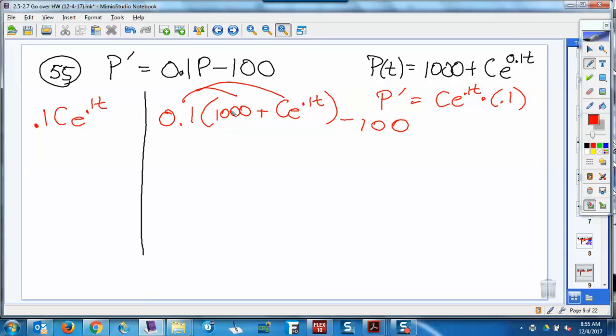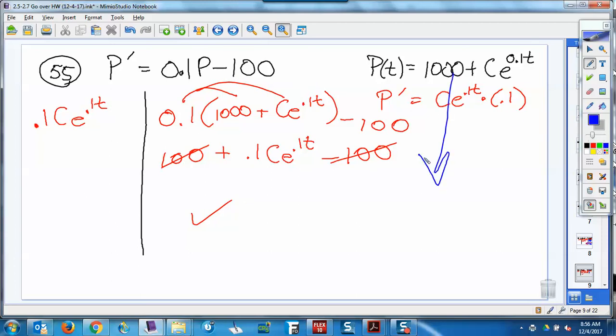So if I distribute this, this would be 100 plus 0.1c e to the 0.1t minus 100. Sure enough, the hundreds cancel. Okay, and it checks. Right? So I do my P prime over here, put it in for that, put the P in for that, everything checks.